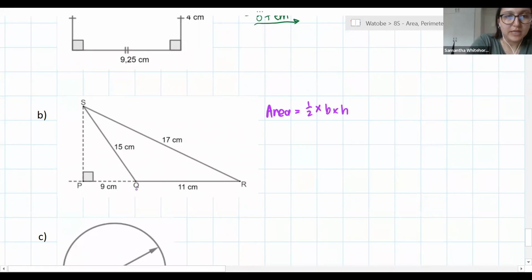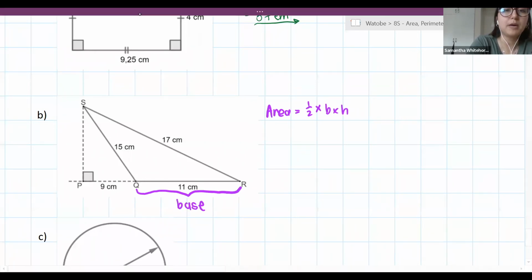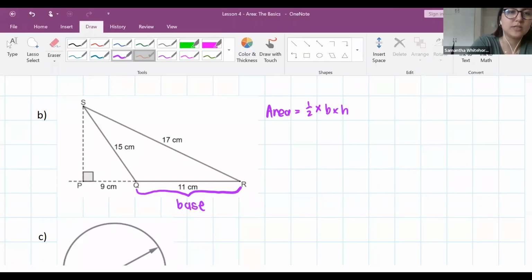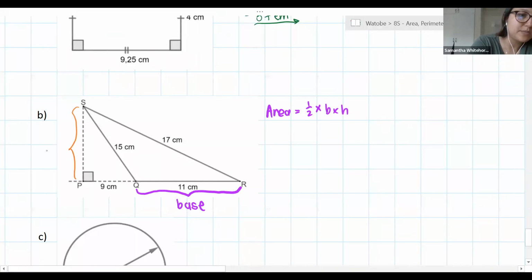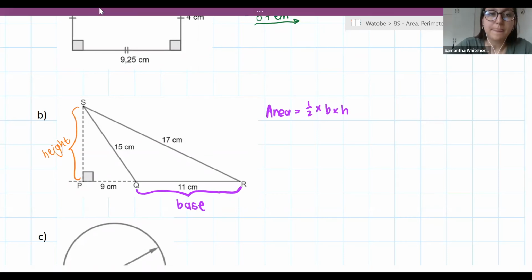And so based on what I've been given here, I can see that this QR length is my base. But the problem is that my height, I don't have, because this length SP is the height from the top point of my triangle down to the base at a right angle. Now, I don't know what SP is, and that's a bit of a problem for me.